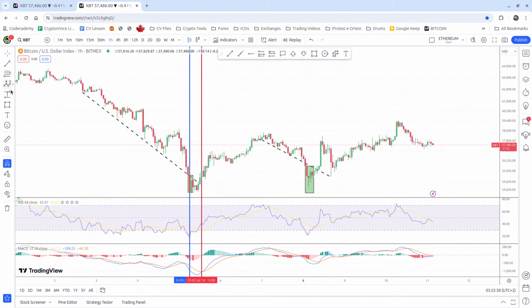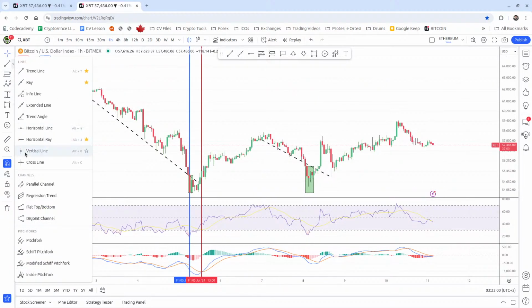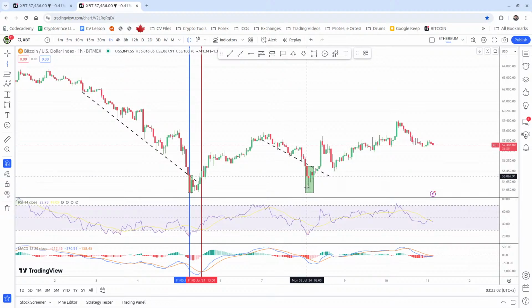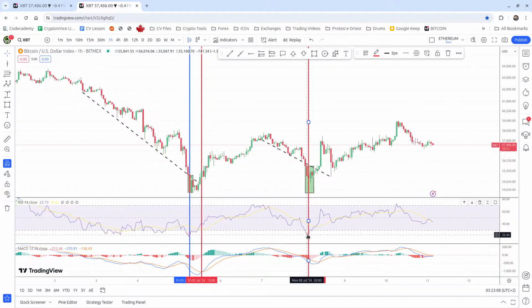And as you can see, again, we can use the RSI to spot an oversold level here, which can confirm our possible reversal. Sorry, it's late here.